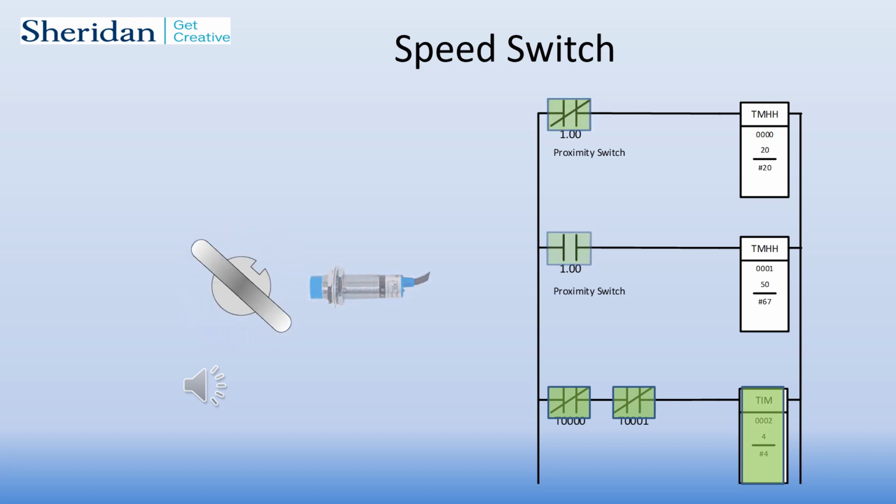As you see with the two TIM-HH timers, the contact that's controlling them is addressed to the same switch. The top timer is timing how long the switch is open. The one on the second line is timing how long the switch is closed.